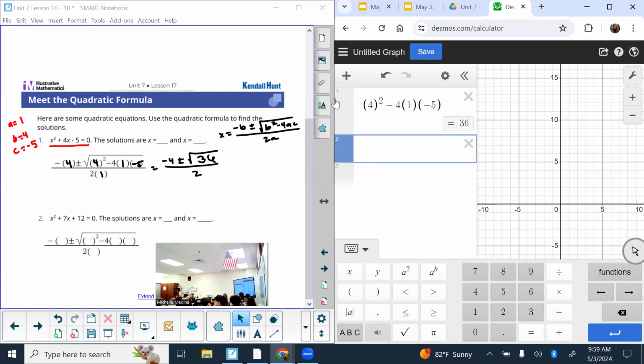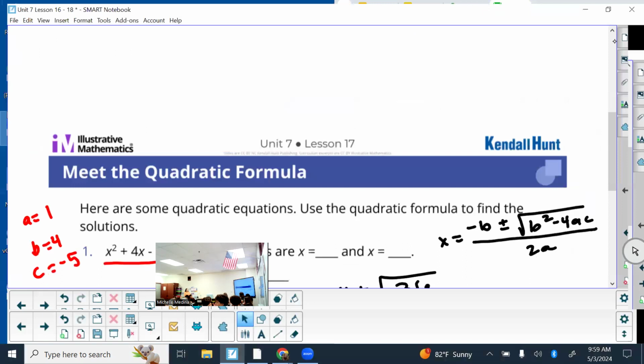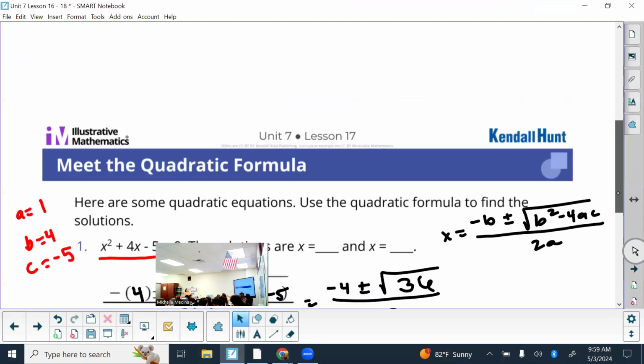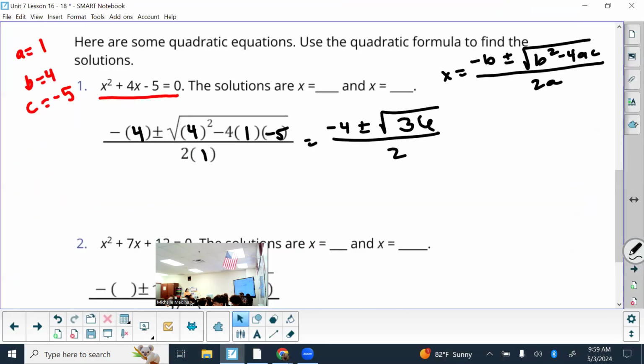And then if you don't know how to do square root, or if it's a perfect square, then in a different cell, do square root, whatever that number was. So my square root of 36 is 6. -4 plus or minus 6 over 2.